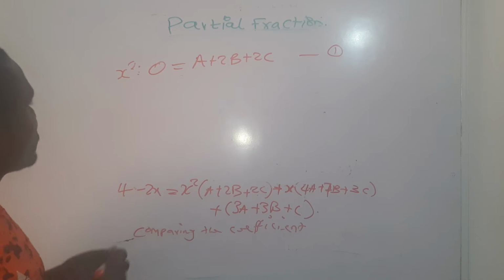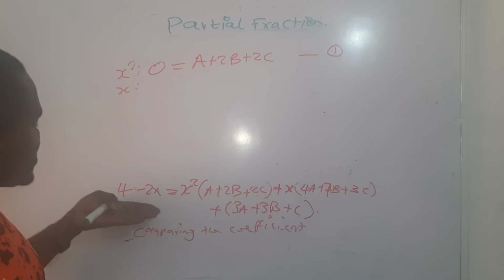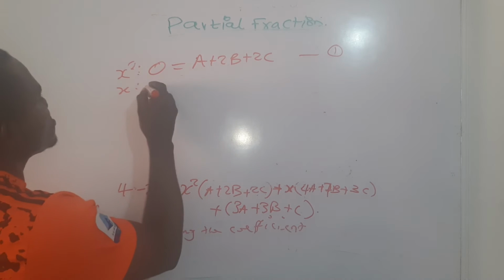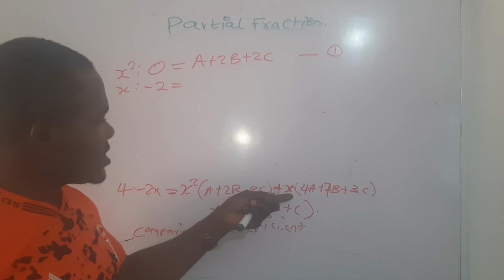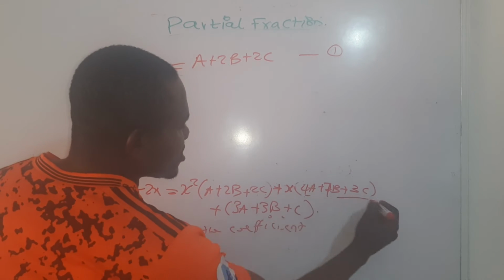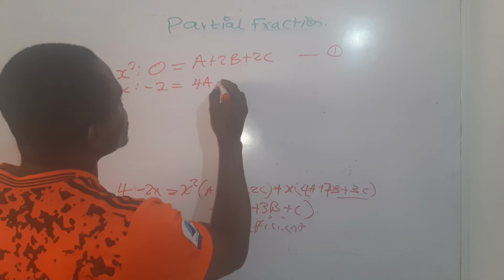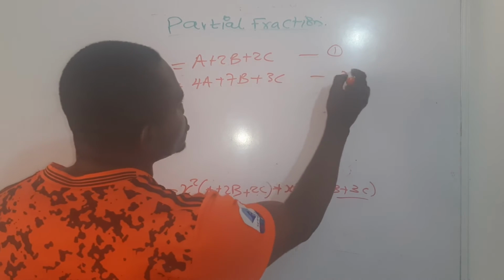Now we are going to compare s. From the left hand side, the coefficient of s is minus 2. So on the left we have minus 2 equals to, the coefficients of s on the right, which is 4a plus 7b plus 3c, equation 2.